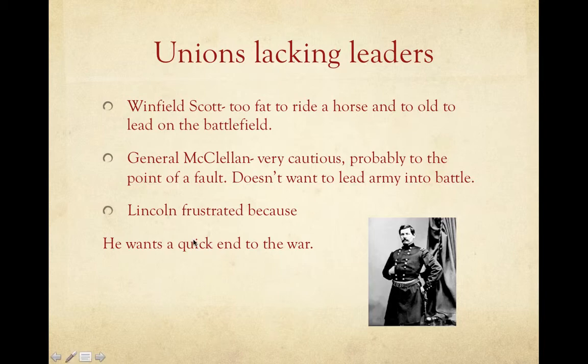And so McClellan, wanting to prepare and train, did not sit well with Lincoln, and eventually Lincoln will force the Union into battle against the South. And General McClellan will be in charge at certain points of this. However, McClellan doesn't last. He gets replaced, and he gets replaced with somebody else who creates more problems, and it's like a revolving door of generals for the North, and they can't find anybody proficient to lead them.